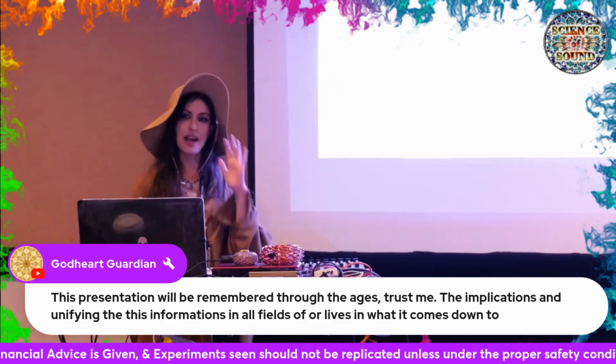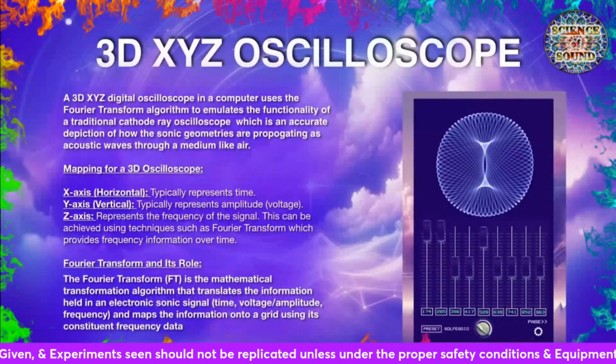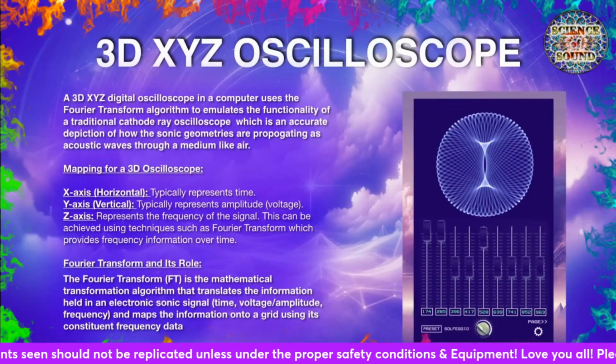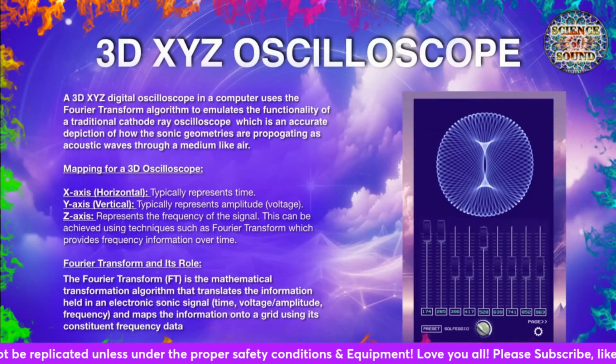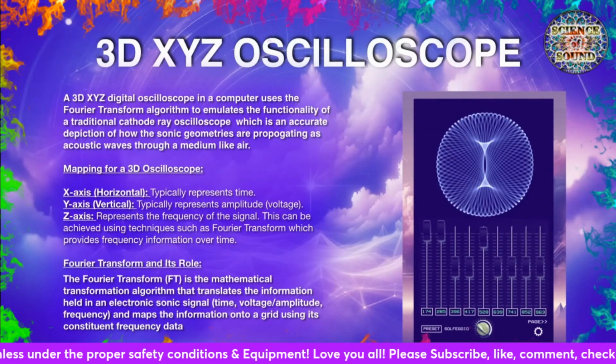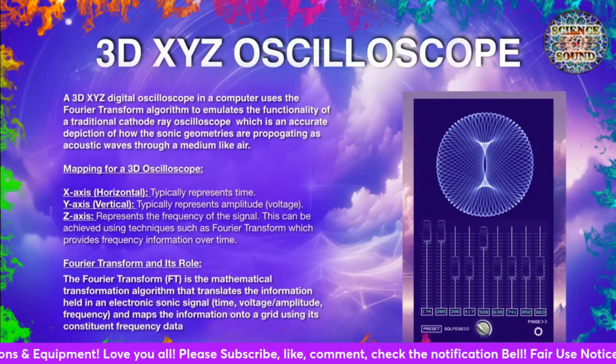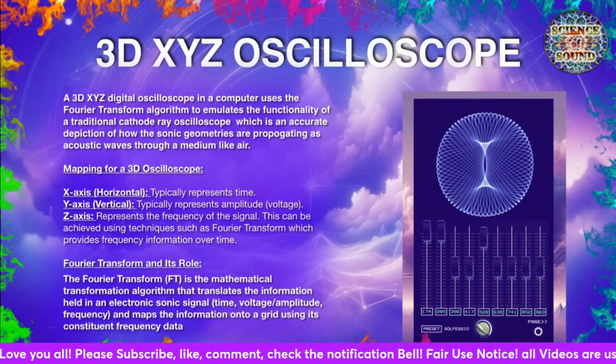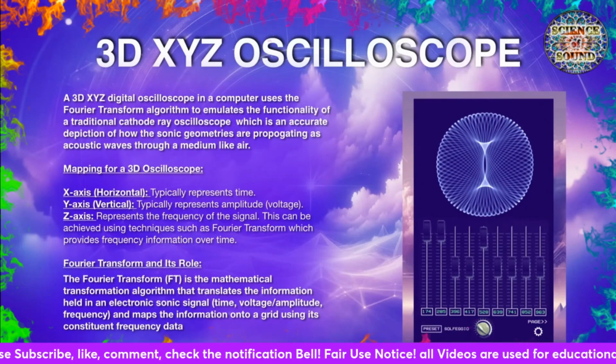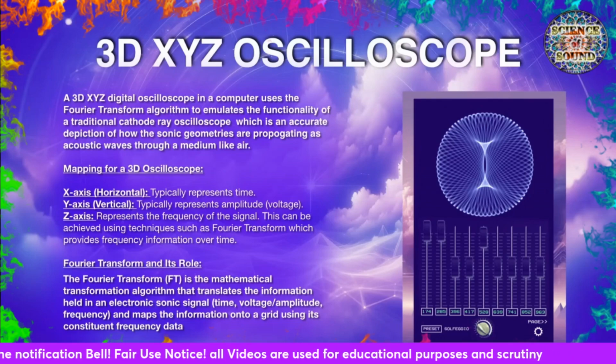That's called an XY oscilloscope, but we are going to focus today on XYZ oscilloscopes, which use three different axes. One represents time, one represents amplitude or voltage, and one represents the actual frequency.